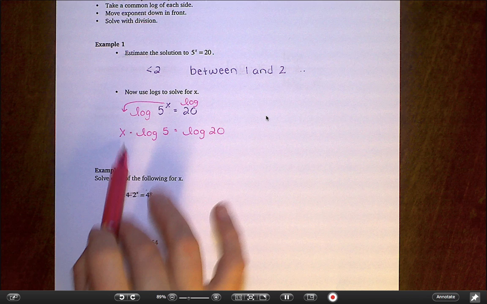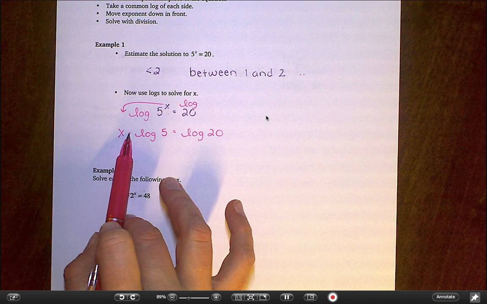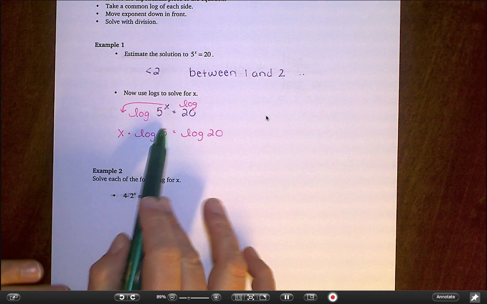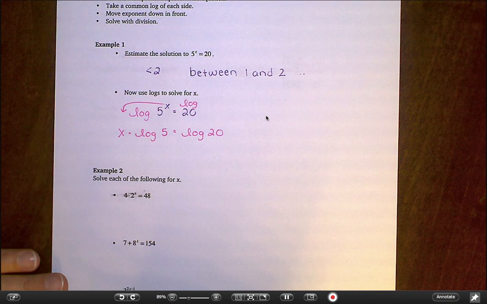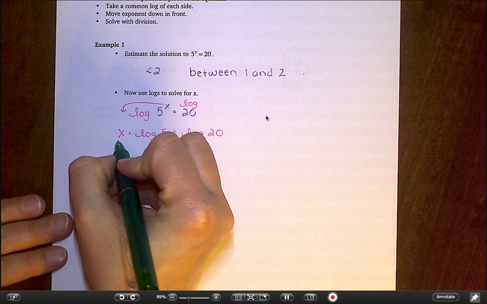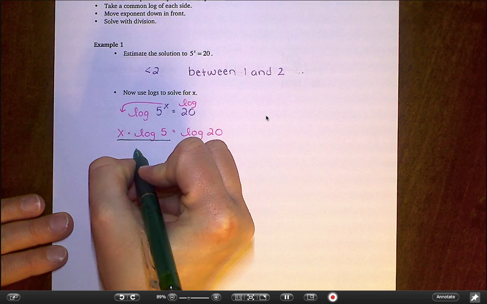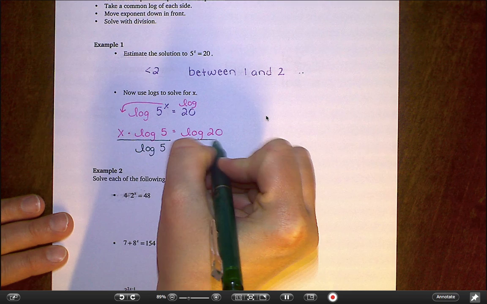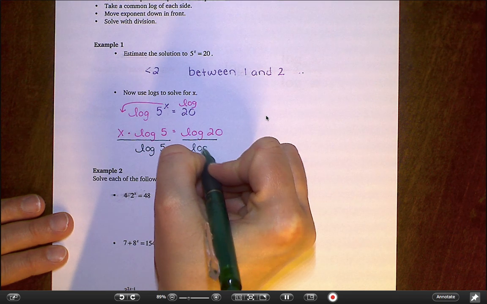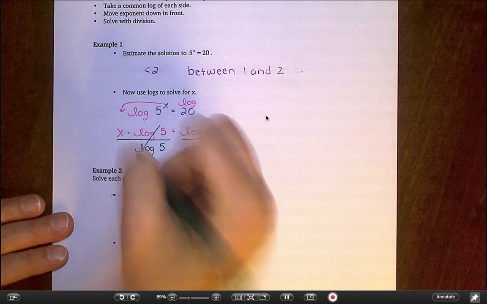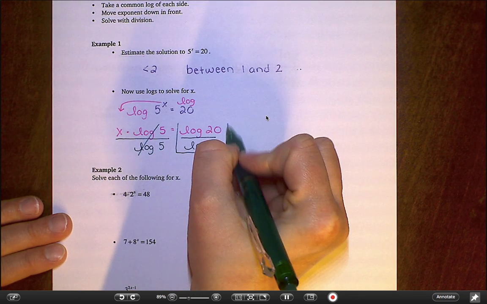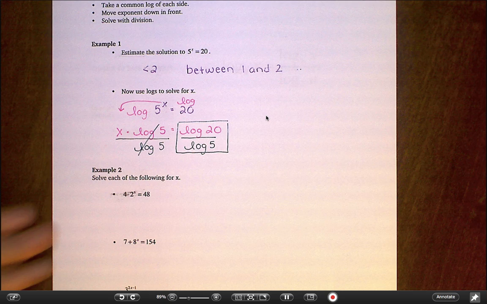And then this has become a multiplication problem, right? Knowing that it's a multiplication problem, notice that x is no longer up in the exponent. Now I can solve this with division. So I can divide on both sides by log 5. Cross these two out. And then this, because this is all common logs, can go straight into my calculator.